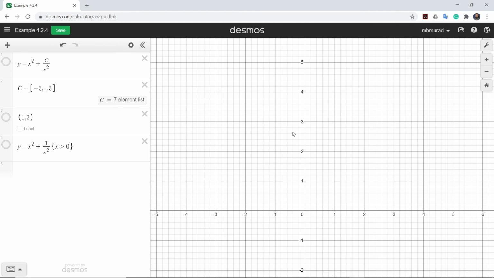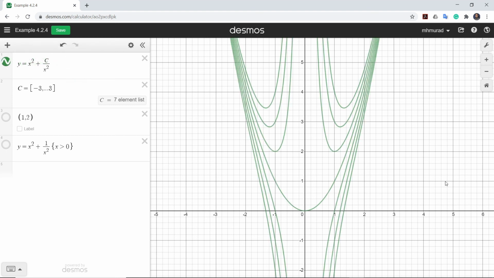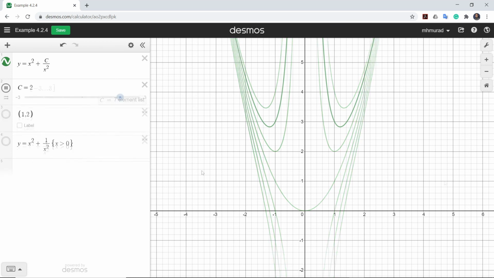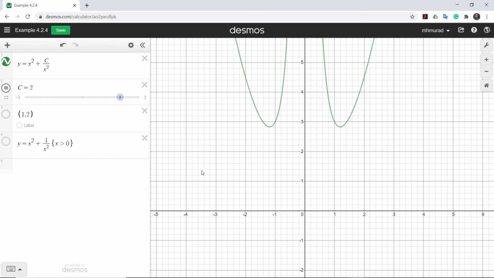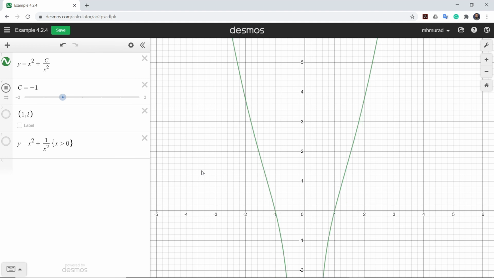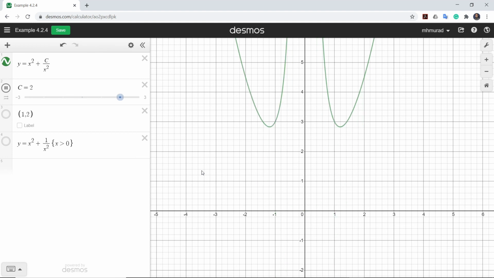Now let's try to plot the solution curves of the equation we just solved. The solution was y equals x squared plus c over x squared. This is the general solution to the given differential equation. And this gives some members of this family. Corresponding to each value of c, we see some members of this family of solutions.